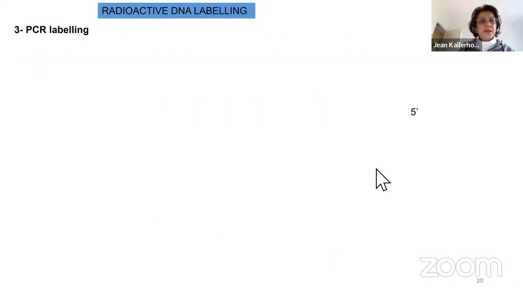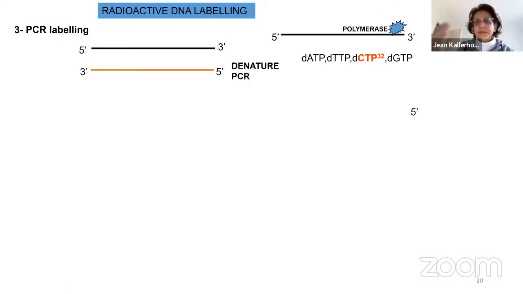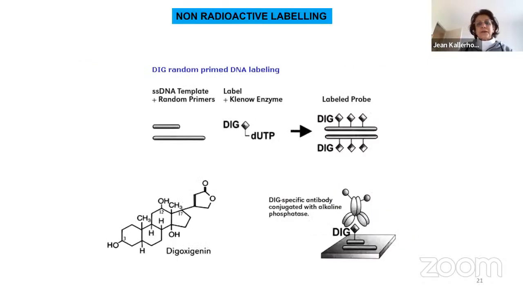Okay, good. So PCR labeling, is it okay to everybody? It's the same thing as PCR, except that the DNA polymerase will incorporate a radioactive nucleotide, deoxynucleotide sequence. Okay? The non-radioactive labeling is instead of the radioactive deoxycytosine, deoxy-CTP, you will add a dig molecule, right?